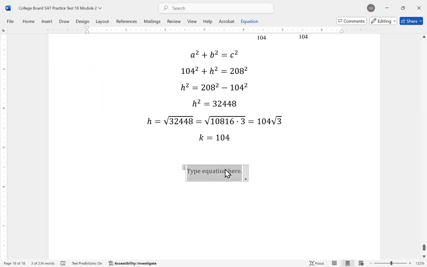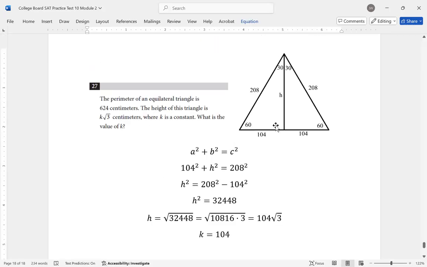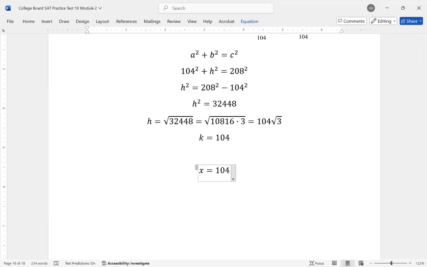So if x equals 104, by the way, it has to be the leg opposite the 30 degrees, if we notice that. So the leg opposite of 30 degrees is your x. The leg opposite of your 60 degrees would be your x times square root of 3.